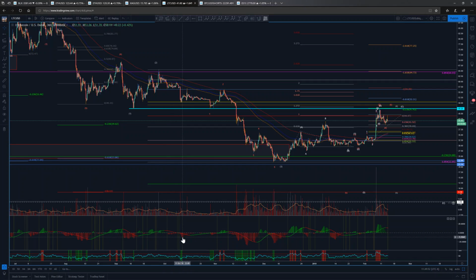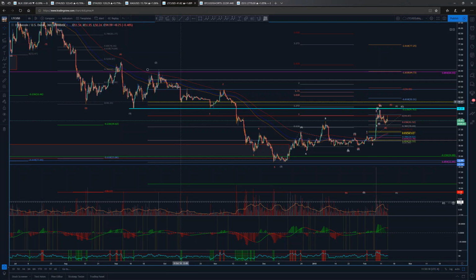So this is likely that third because it's the strongest push of this whole move. You see a smaller push here, bigger push, smaller push here. And if you look up at where the candles are, you can see that we get this one. We get a strong push and most likely our longest push for this third.